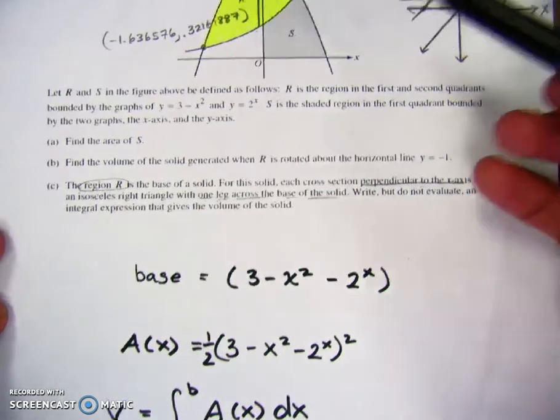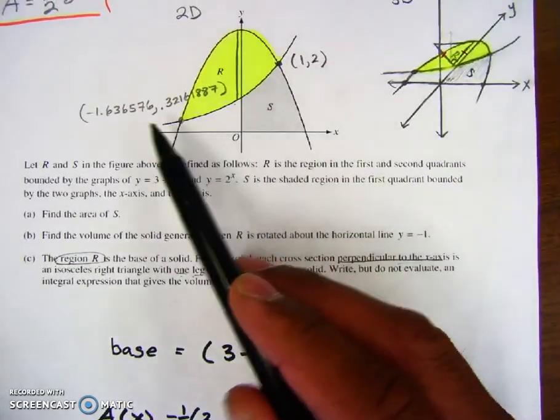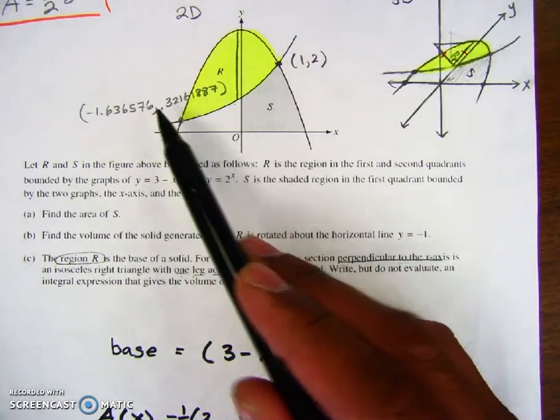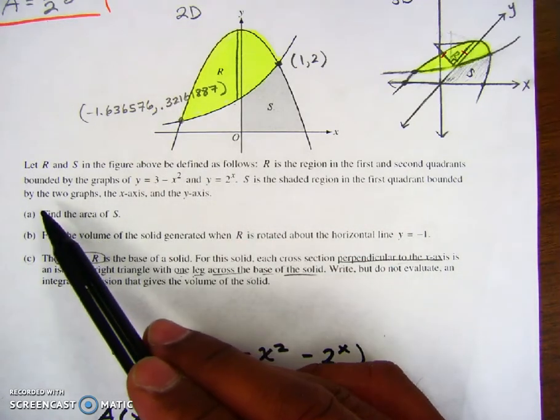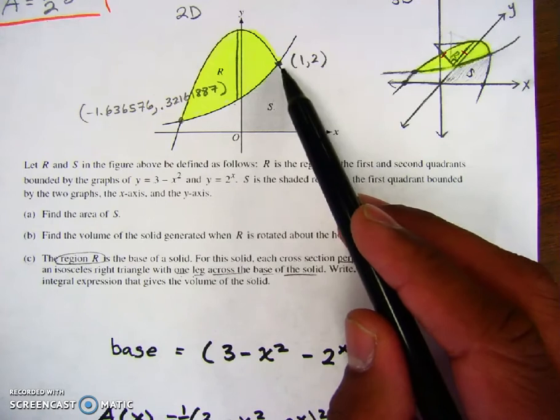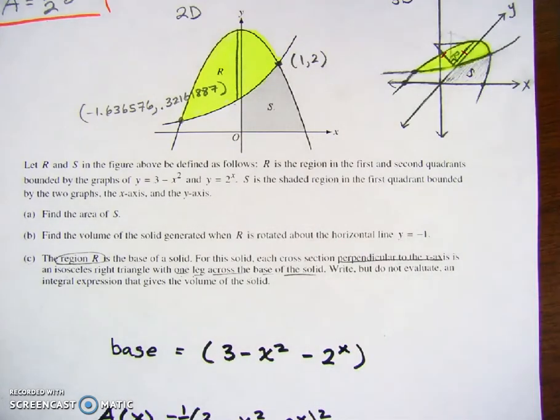Keep in mind that I do have the information from my last video. So the intersection that we calculated when we worked out part A and part B, there's this intersection also. So we're going to use that to set up our answer for part C. Go ahead and pause the video, see if you can get the setup.